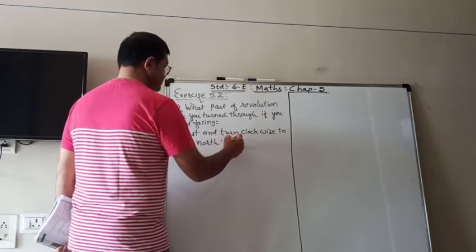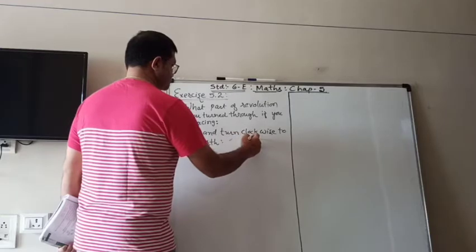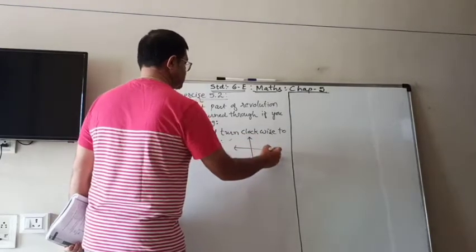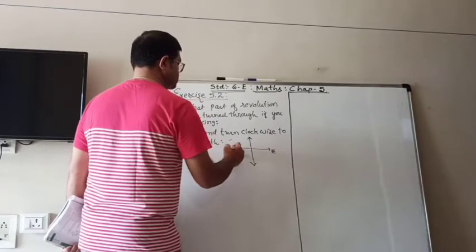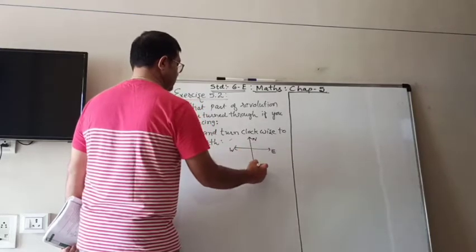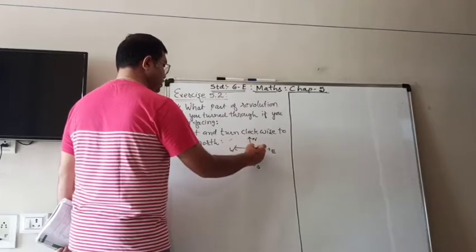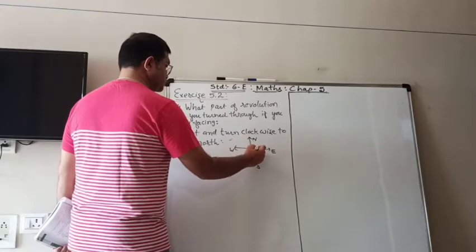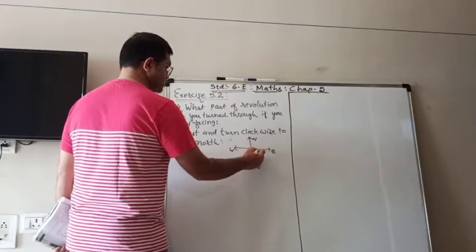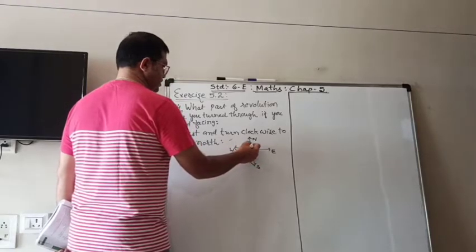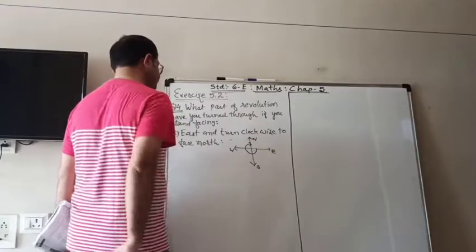Now we know that when we draw the direction, it is easy: east, west, north and south. You are facing east and turn clockwise to face north. Clockwise means you can't go that side, you have to go the other way around.